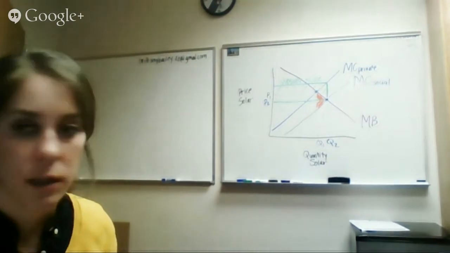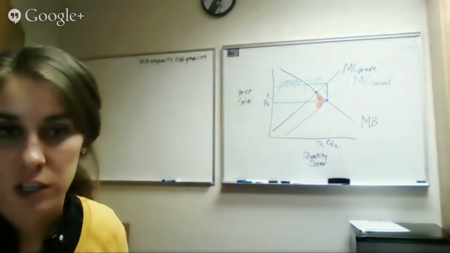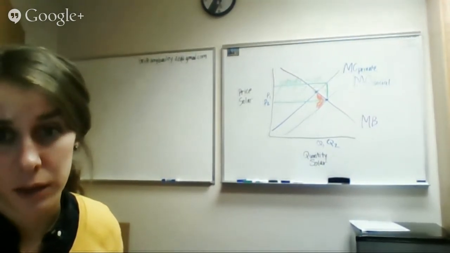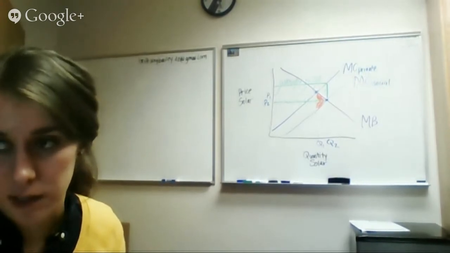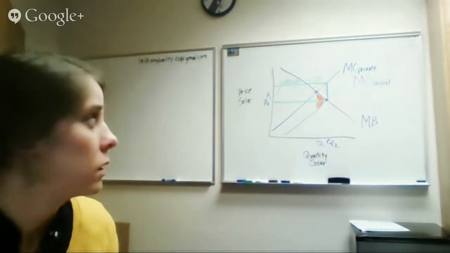Yeah, you could do that. So it says label the dead weight loss. You could maybe just mark and say before the equilibrium change, there was a dead weight loss, but now that there's a subsidy, there would be no dead weight loss.